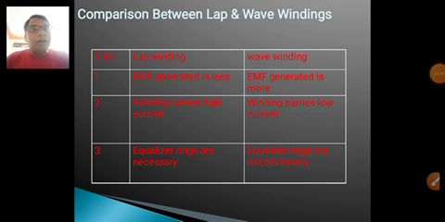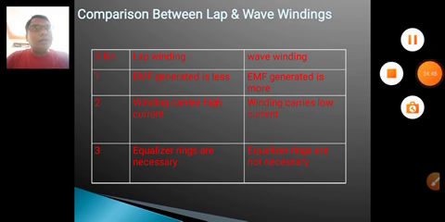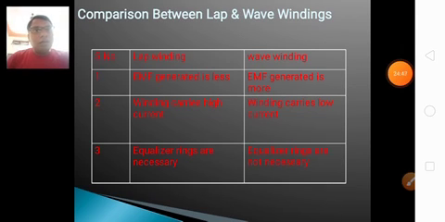Equalizer rings are necessary in lap winding and not necessary in wave winding. What do equalizer rings mean? In lap winding, the number of parallel paths is equal to P, so the number of parallel paths is more, and the sparking at the commutator is also more.